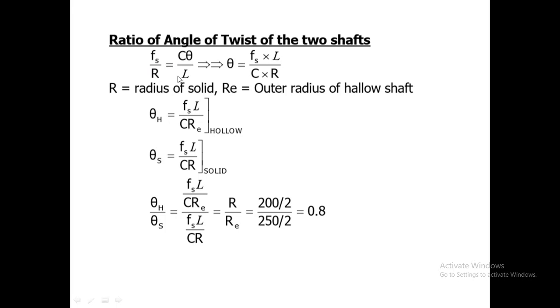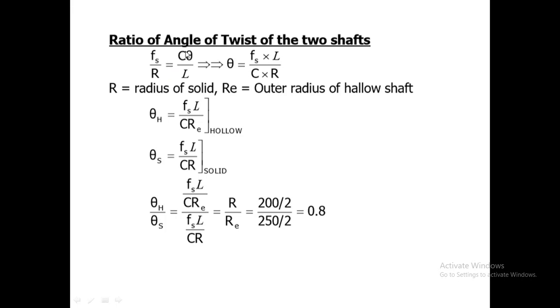Here we are not considering the torque. You can consider the torque also, T by J with respect to the angle, or the shear stress with respect to the angle of twist. You can take any part of the equation depending on your analysis and the given data, and we try to simplify that equation.